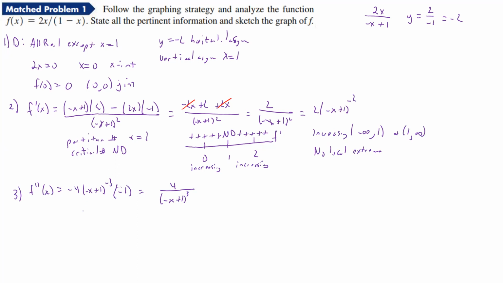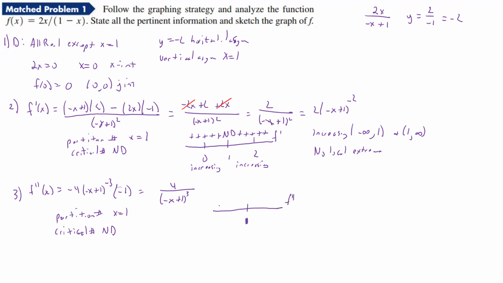All right, so what are our partition numbers again? Well, x is equal to 1 is going to be a critical number. Well, it's going to be an ND because we can't have that be the 0. And so if we plug that in here, we have a 1.